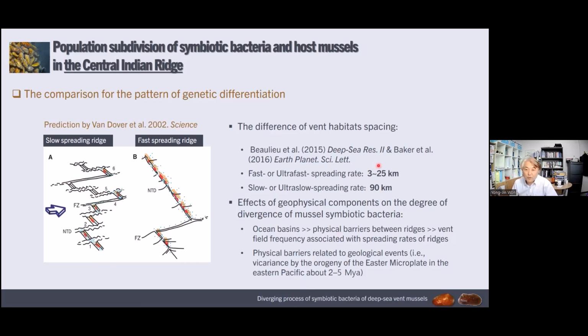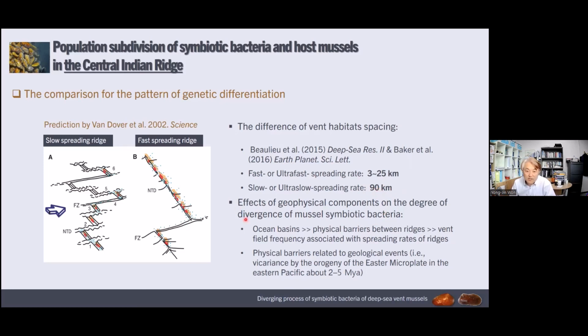So we see, according to this Baker rule, they calculate the fast spreading ridge has a vent gap distance of 3 to 25 kilometers. However, slow to ultra-slow spreading ridges would result in a very long distance of gap area between vents.